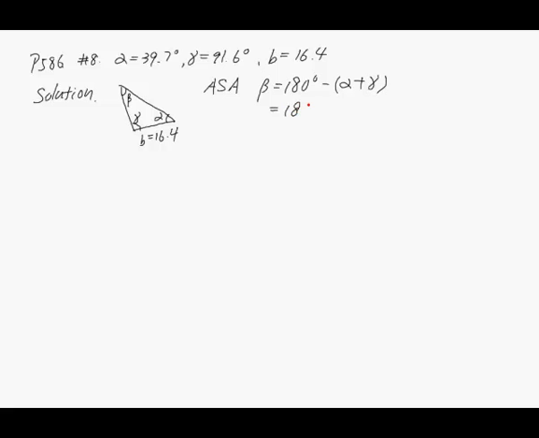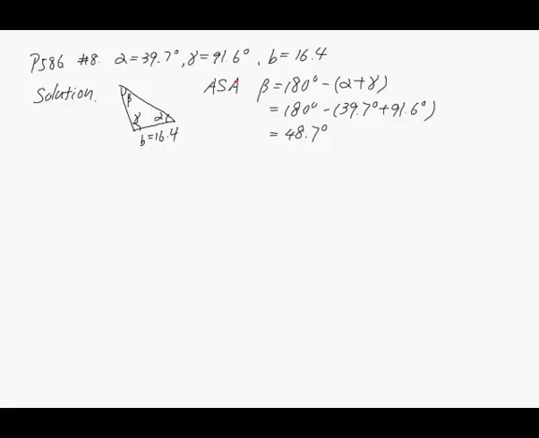So now we have 180 degrees minus 39.7 degrees plus 91.6 degrees. And then you simplify, you have 48.7 degrees.